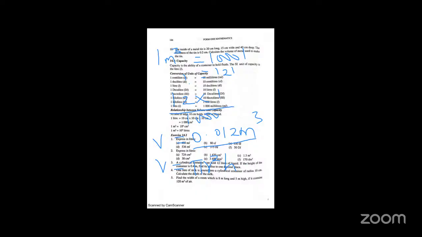So we already have the volume, which is 0.012, equal to pi, which is 22/7, times r squared times 0.4, which is the height.